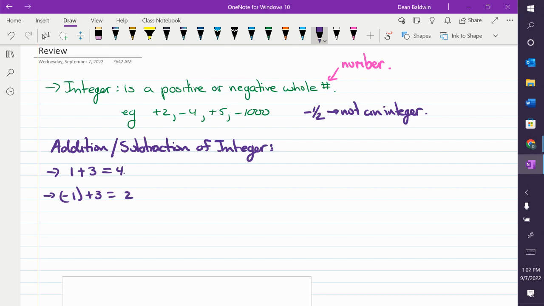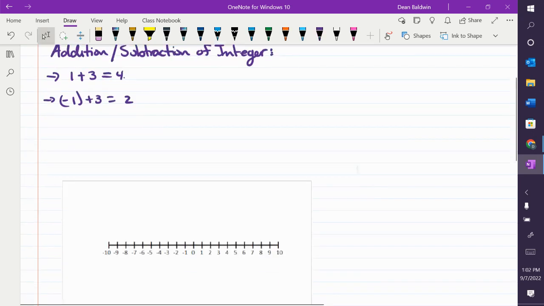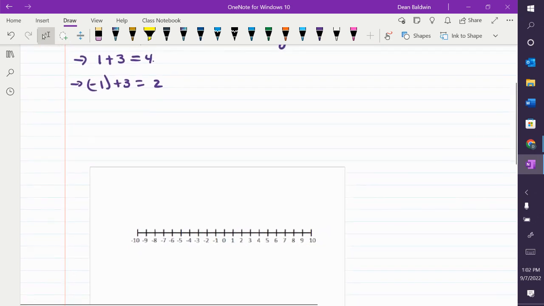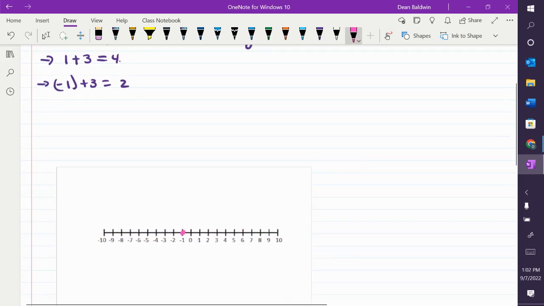So if you are not sure, because I know negatives can be a source of anxiety for some people, you can always use the trusty old number line, right? And I will give you one of these things. So negative 1 is right there. Let's zoom in on this.